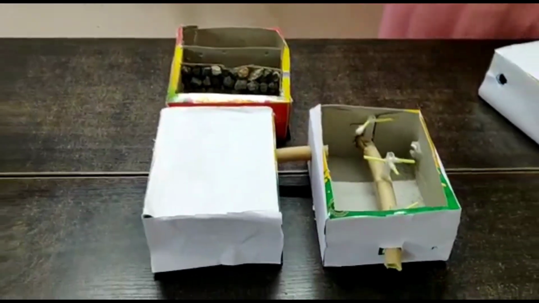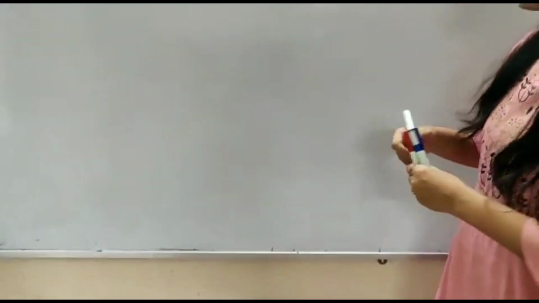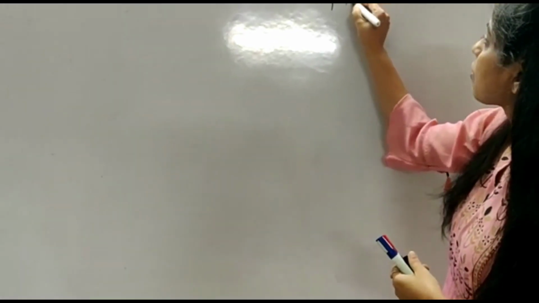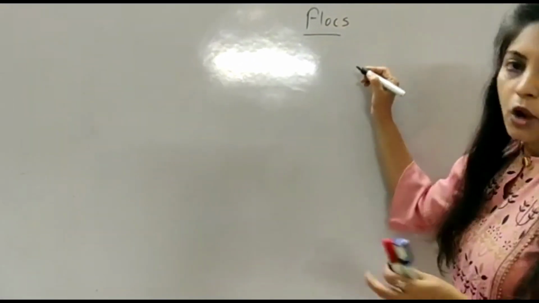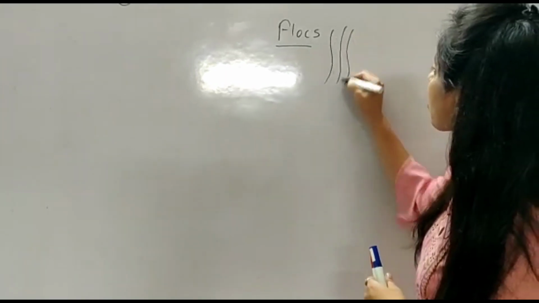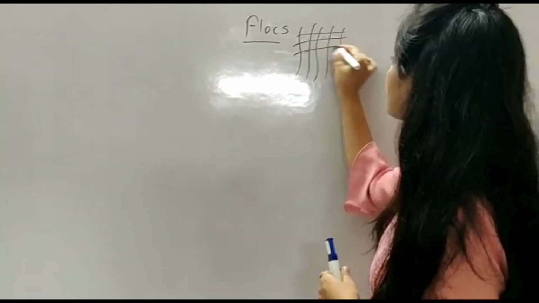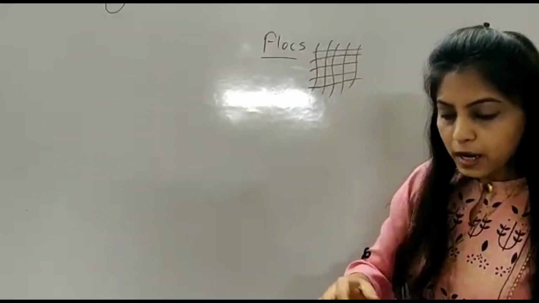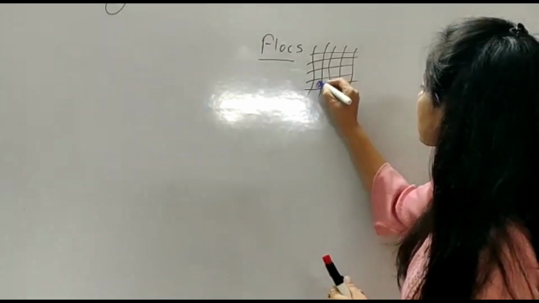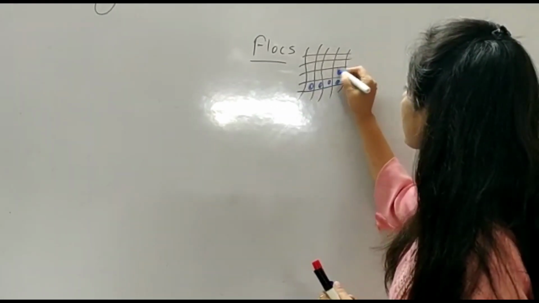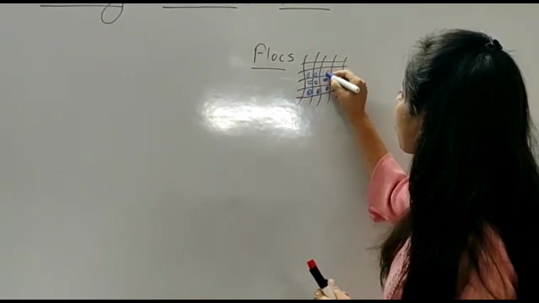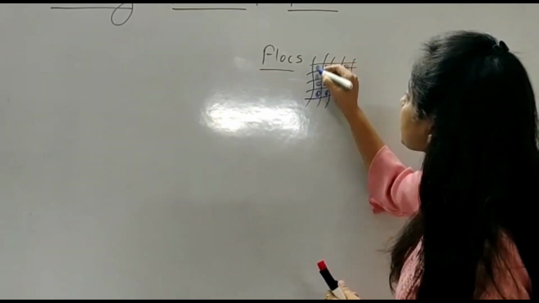Flocks are nothing but a meshwork of fungi. In this meshwork, aerobic bacteria are trapped. So, fungi along with the aerobic bacteria form the flocks.